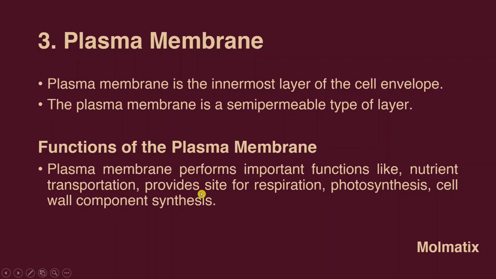The plasma membrane also provides the site for respiration and photosynthesis. And in bacterial cells, the plasma membrane is the site for the synthesis of components of the cell wall.